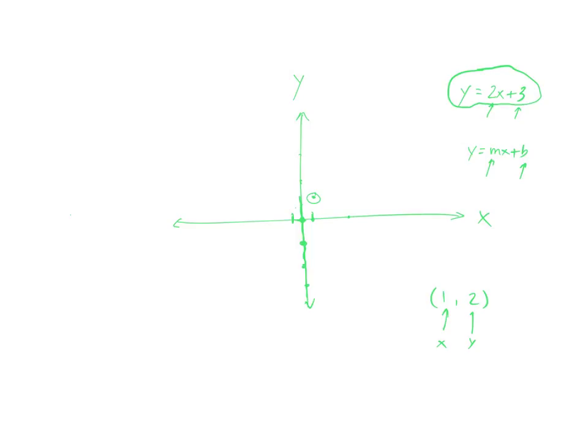So let's do it for this one. So y equals 2 times 0 plus 3. So y equals 0 plus 3, so y equals 3. So that means that the y-intercept would be at 3, so it'd be about here. All right, does that make sense? Now, if you have this equation here, and you know that it's in slope-intercept form, y equals mx plus b, b is always the y-intercept.